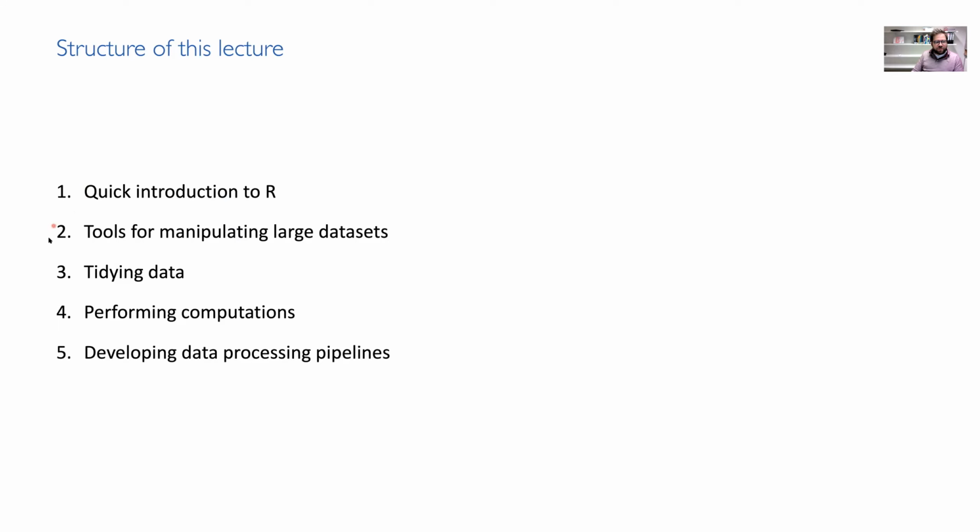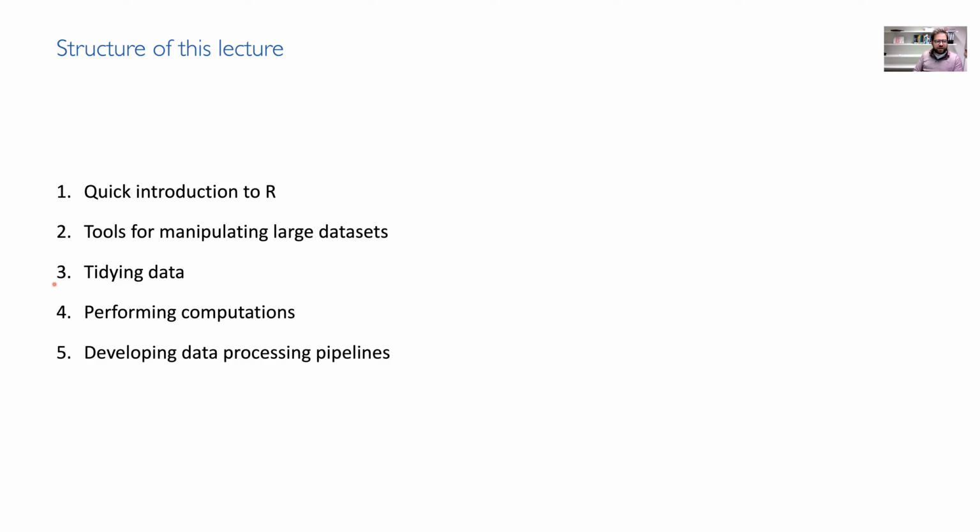And then I'll show you what are the tools that we have available to deal with these large data sets that are coming up in science. What are the computational tools? And how do we select the tools that we actually want to use? Then the very important thing is to bring this data that has many dimensions into a shape that we can actually deal with in a computationally efficient way.